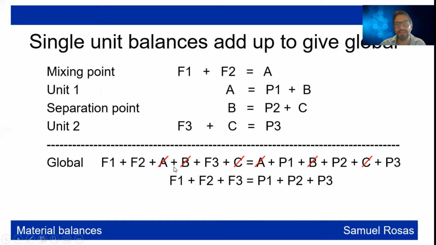And A, B, and C are internal streams. So here F means feed and P means product, right?